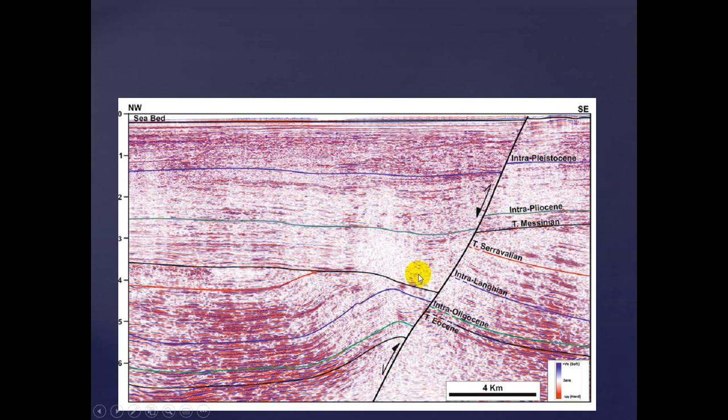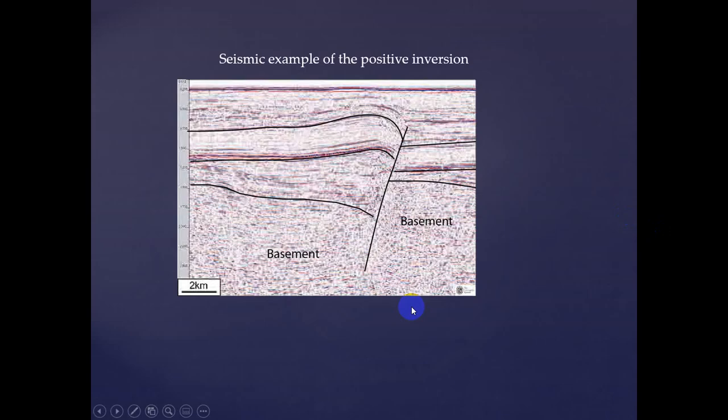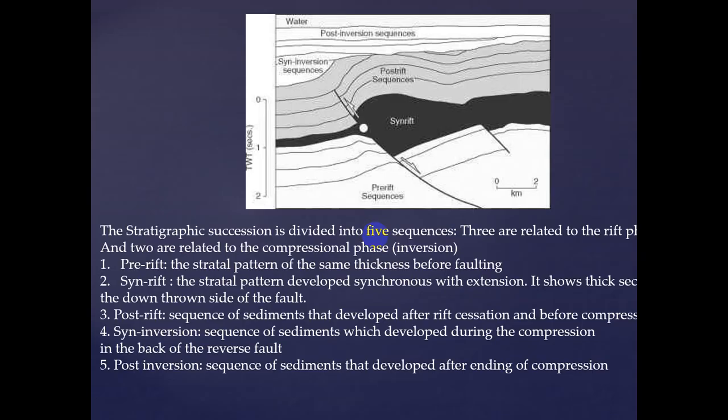An example of this is a seismic profile, a type of geophysical tool which displays the subsurface in vertical section. So we have a major fault here with inversion. It's another very nice example, because this fault was extensional. Why is it inversion? Because usually the thickest part of the syn-rift sequence is unfolded like this.